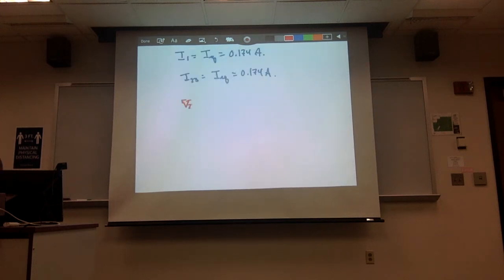So V23 by Ohm's law is equal to I23 times the resistance R23, but that's the same as IEQ times R23. So it's equal to 0.174 amps times 290 ohms, which means my potential V23 is equal to 50 volts.